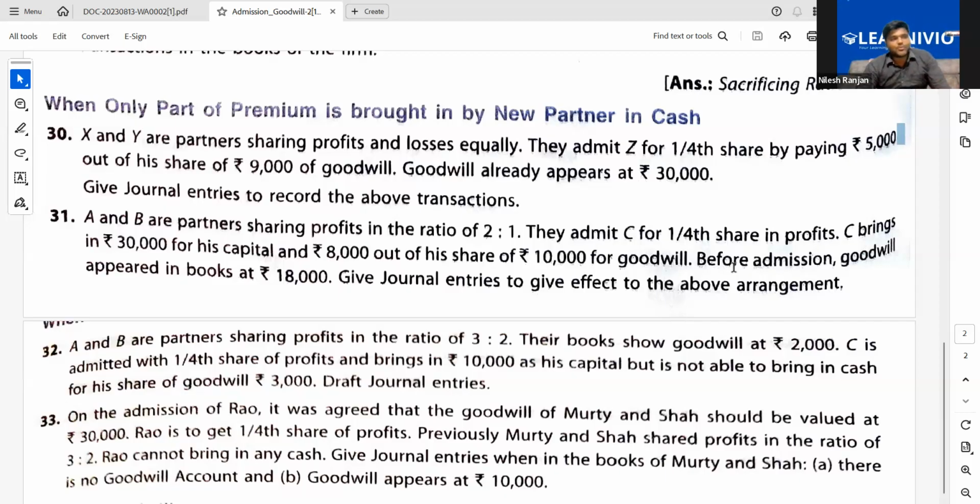Okay, so you don't know the entry? It will be cash account debit to the new partner's capital, meaning C capital. Cash account debit to C capital, 10,000.